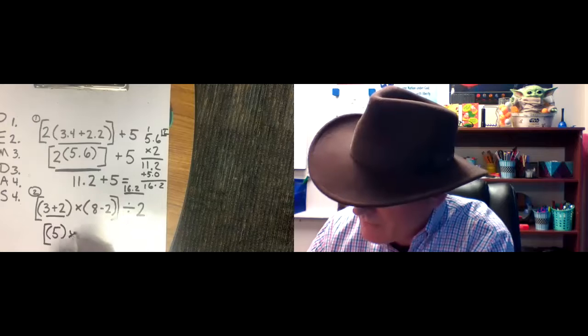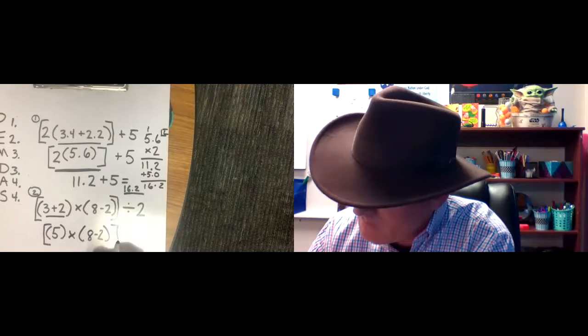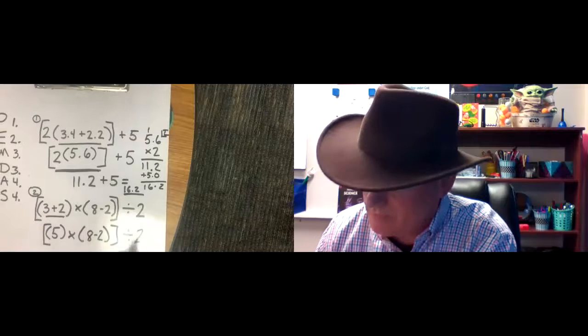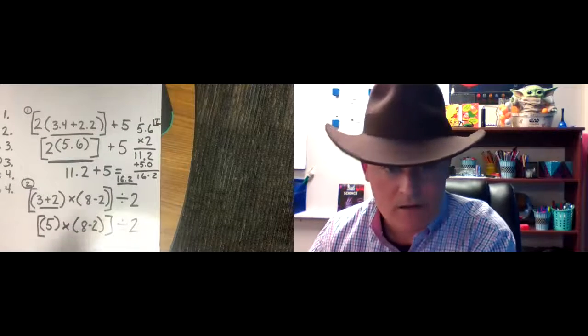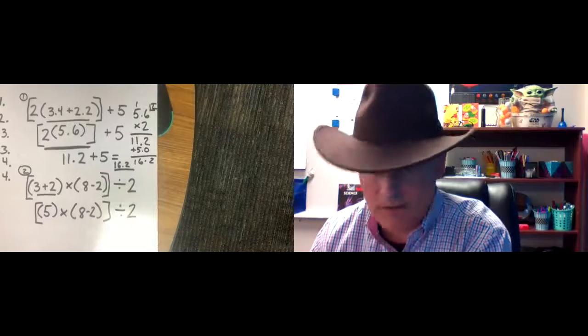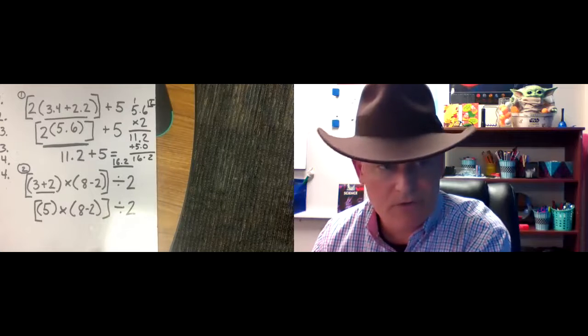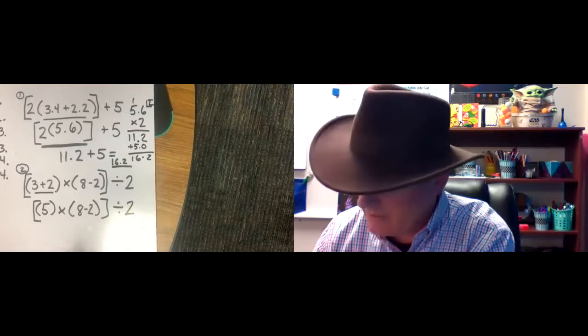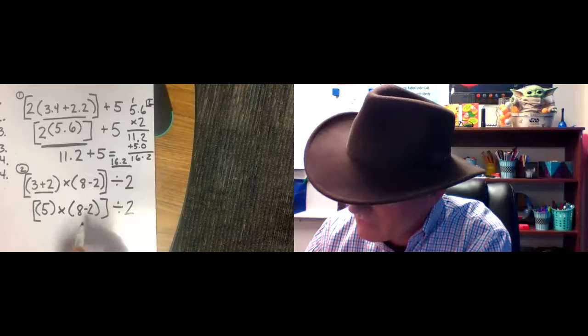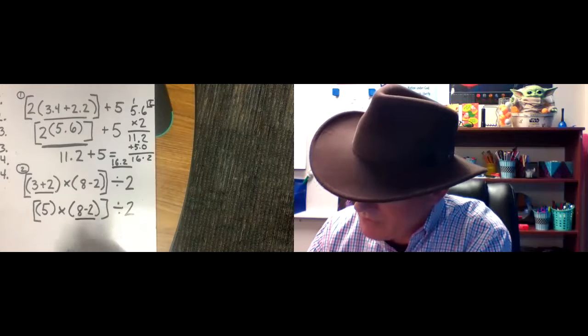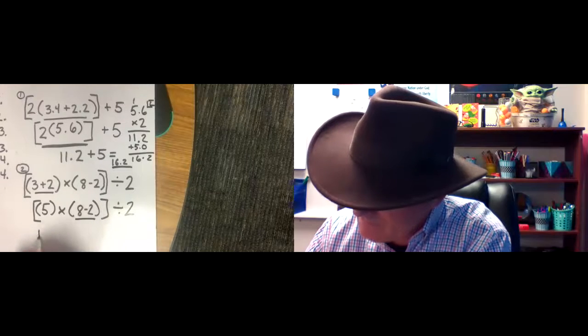I'm going to rewrite now. 8 minus 2 and divided by 2. The rewriting may seem a little much for some, but I promise you, it will save you from making a lot of mistakes. Okay, next we're going to solve this 8 minus 2, that is 6.